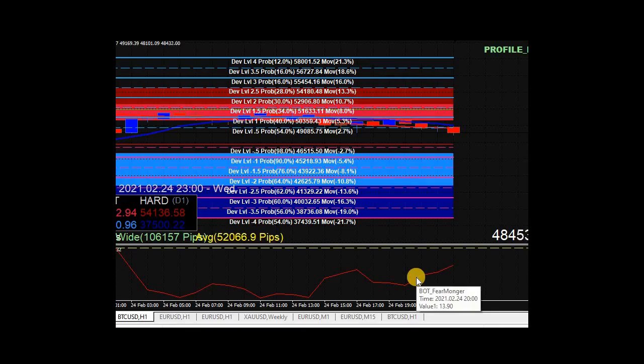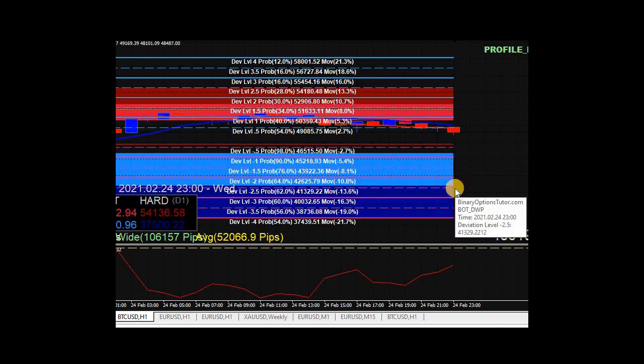I use it more for intraday trading or weekly swings. But I know when I'm in a fear section, I'm looking to buy pullbacks based on that sentiment. And when we're in a greed section, I'm looking to sell really big, strong, bullish moves.